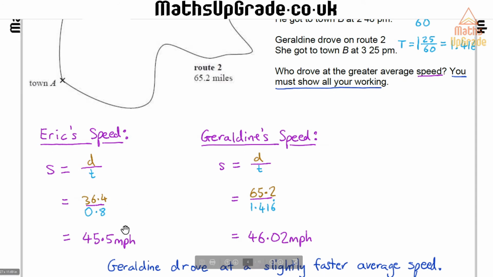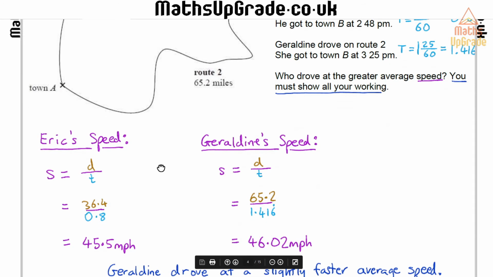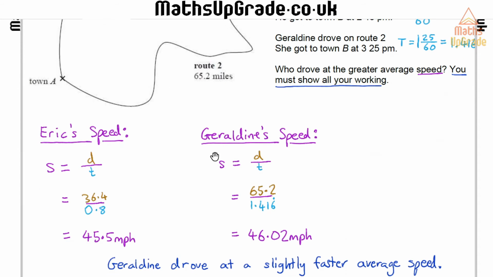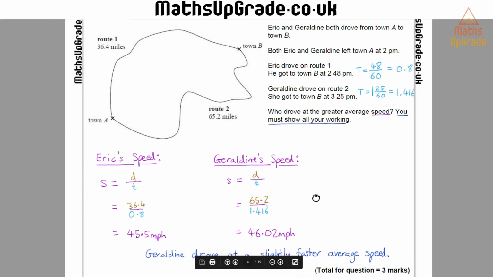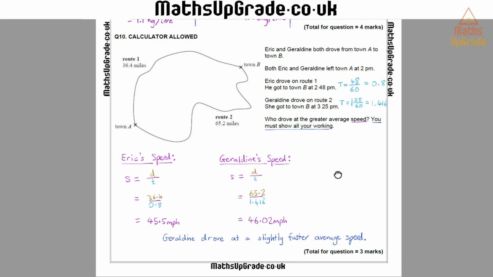Divide that through and I get 45.5 miles per hour. Geraldine's speed, in a similar fashion, dividing those two values through, is 46.02 miles per hour. So Geraldine drove at a slightly faster average speed, as you can see from comparing those two values. That whole question there is worth 3 marks.